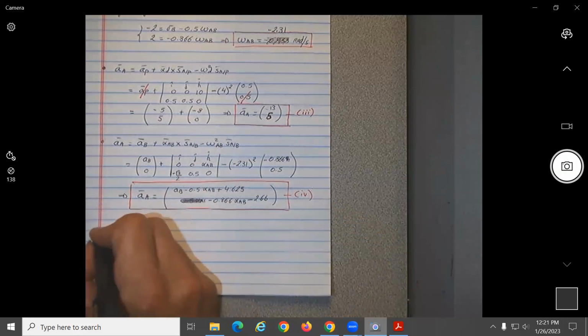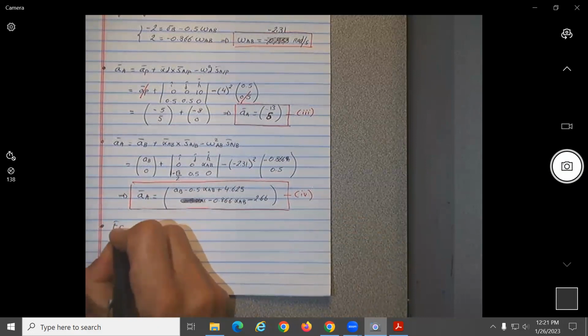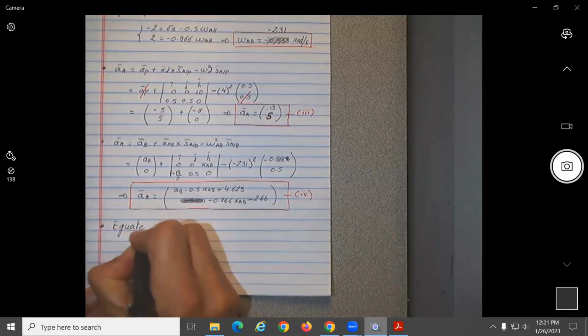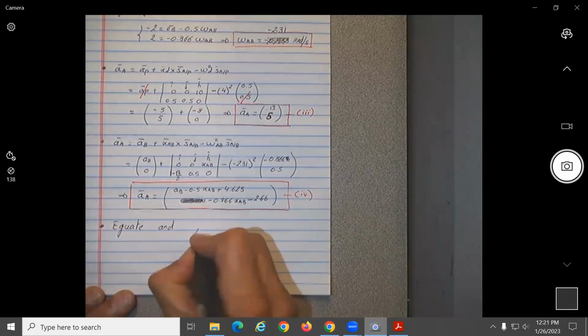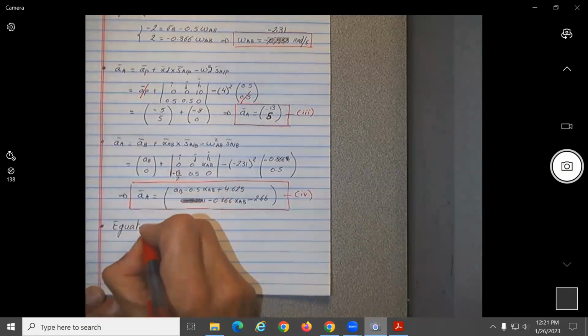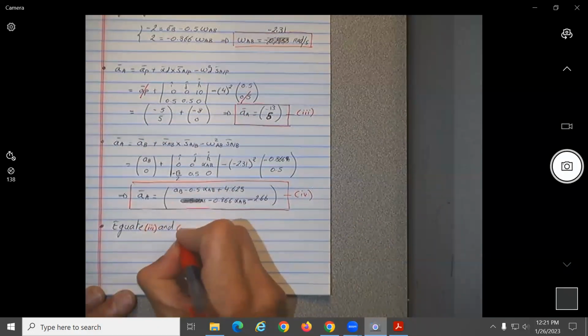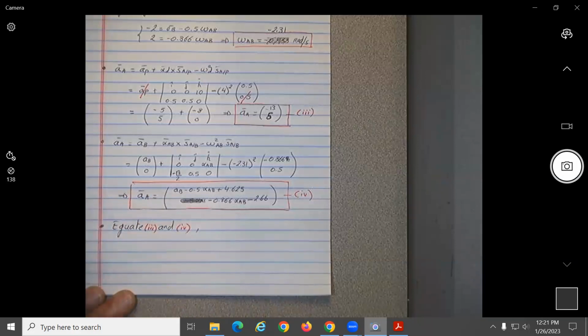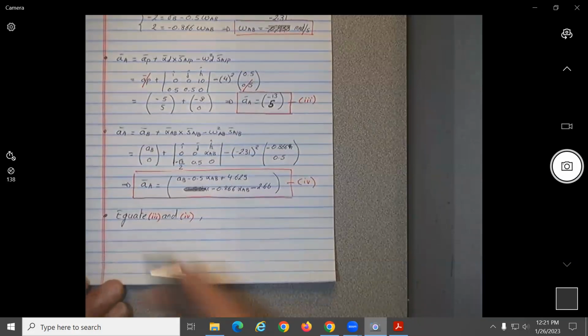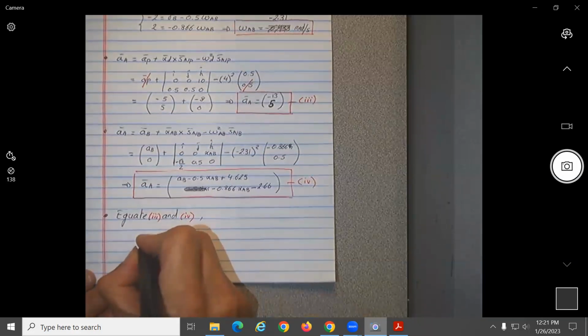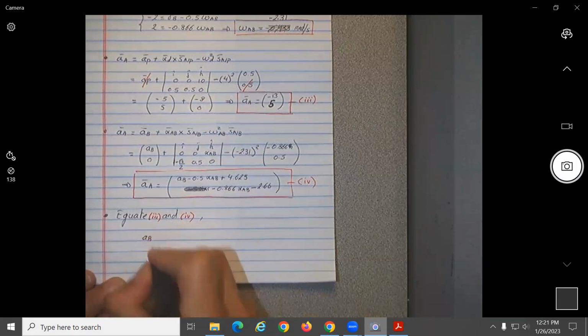Okay, so final step is to do what? Equate 3 and 4. Equate the two equations. So, let's write it down. We don't really need the first one, but let's write it down. Oh yeah, we need it because we need to find A sub B, no? Yes, we need both of them.